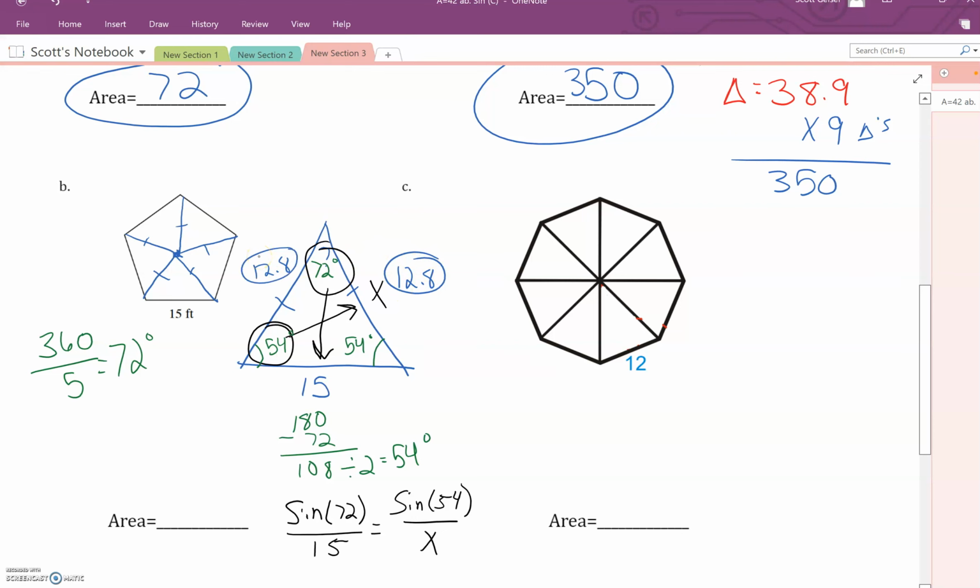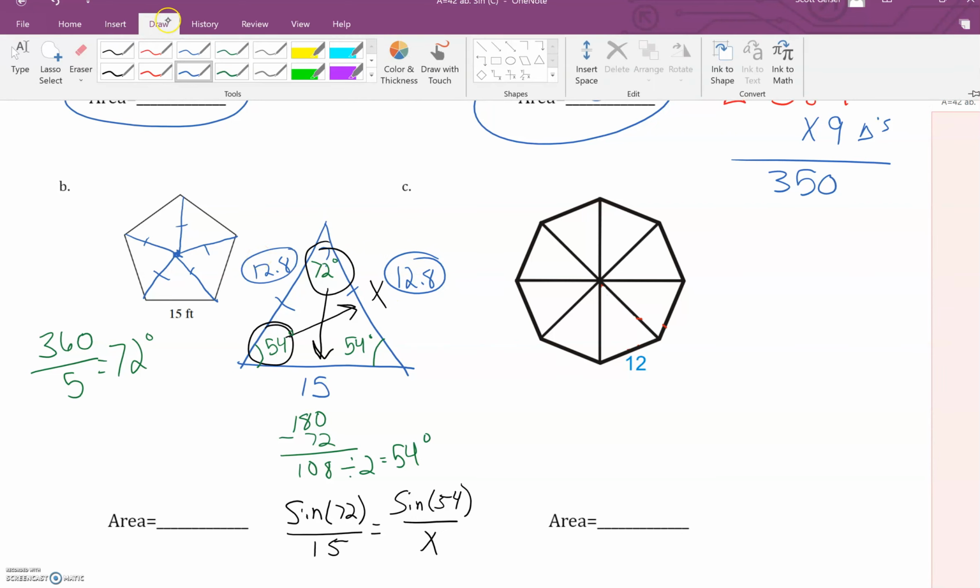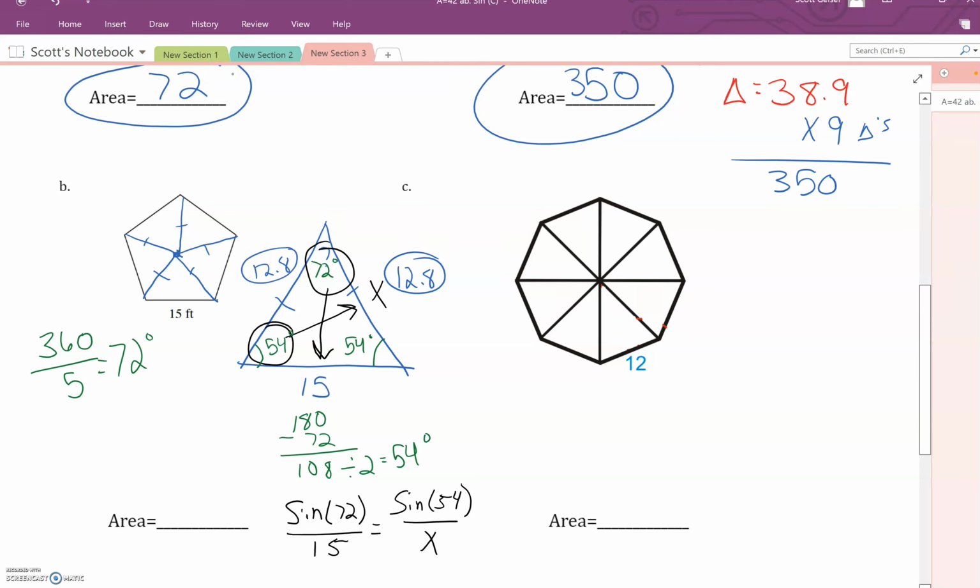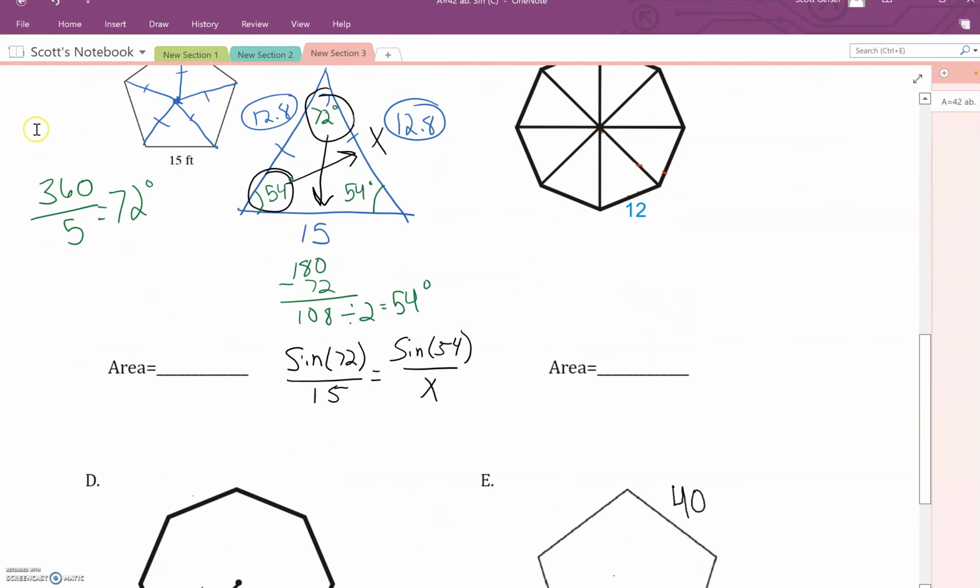So this is the one that takes a little more time. Persevere. For one triangle, maybe I'll scroll this down. I don't really have a ton of space. For one of these triangles, it'd be 1/2 times my two sides, 12.8 times 12.8, times the sine of 72.